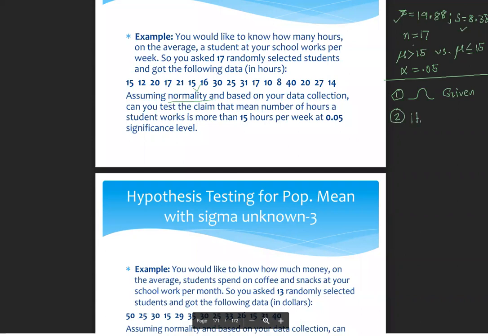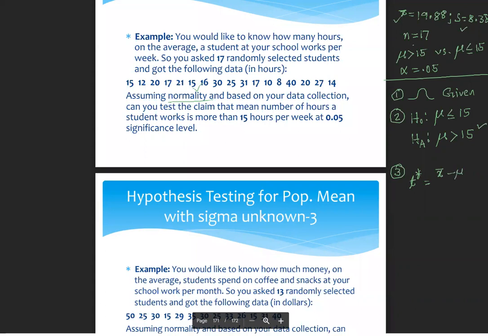So H naught is mu is less than or equal to 15, and H sub A or alternative hypothesis is mu is greater than 15. So you tell me which tail is it? Right tail, left tail, or both tail? Right tail? Yeah, it's greater than, meaning it's right tail.